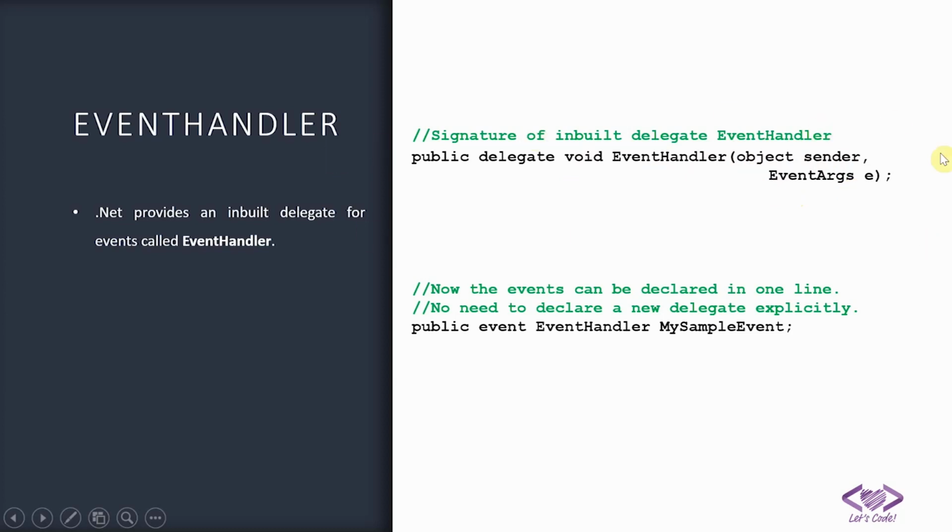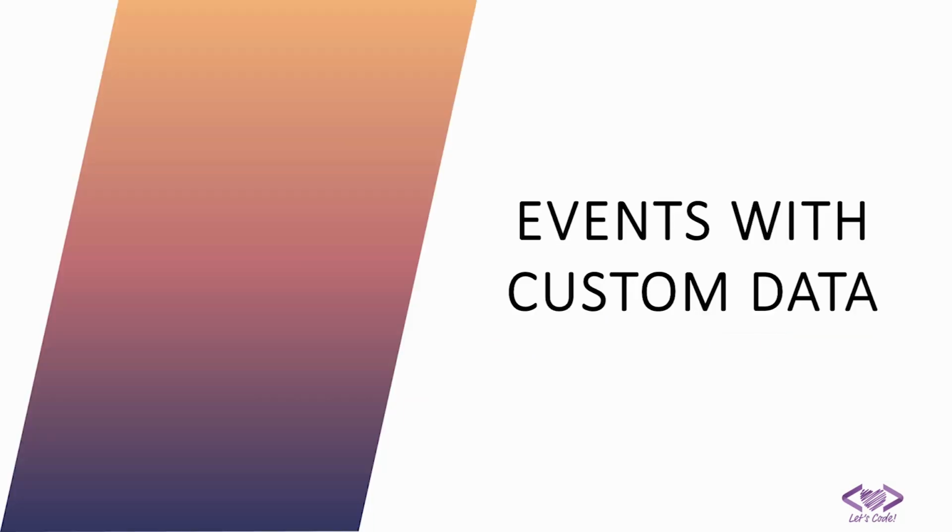This is a predefined structure in .NET. So now when we create an event, we need not declare a new delegate. Instead, we can use this delegate. We'll say public event EventHandler and the name of the event. This we will see in detail when we do the demo.